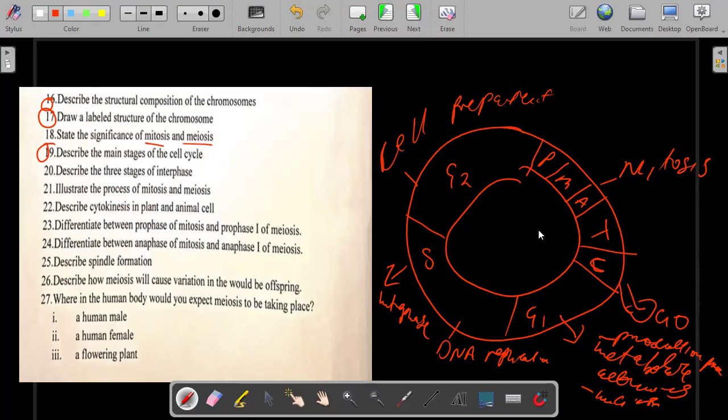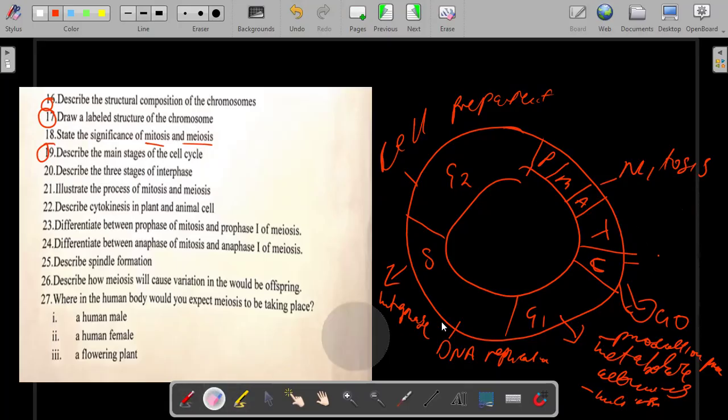Then we are going to have prophase, metaphase, anaphase, telophase, and then cytokinesis. Cytokinesis is where the cytoplasm divides and the two daughter cells separate. This is the cell cycle.